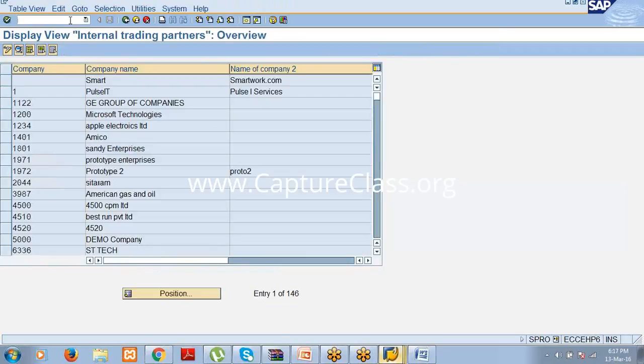Go to the transaction code SM12. SM12 is the basis end user transaction code.